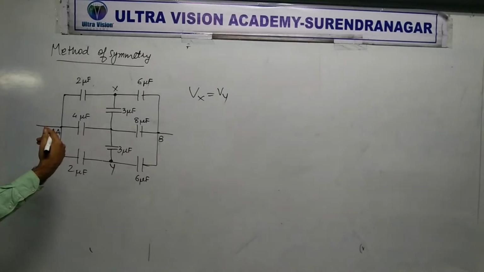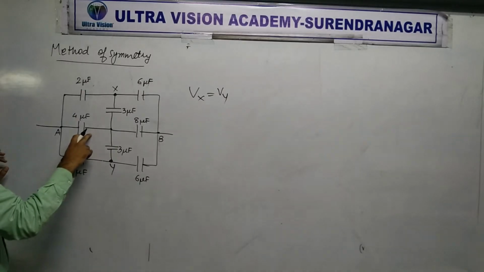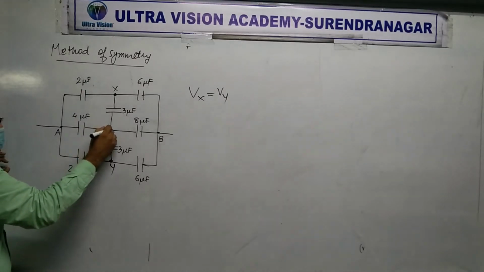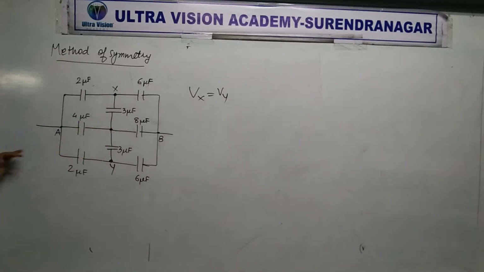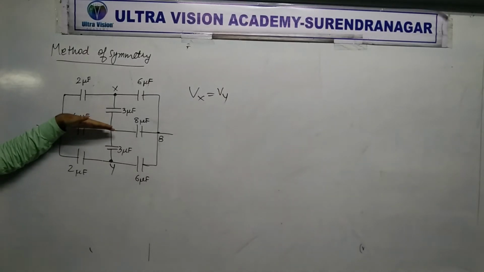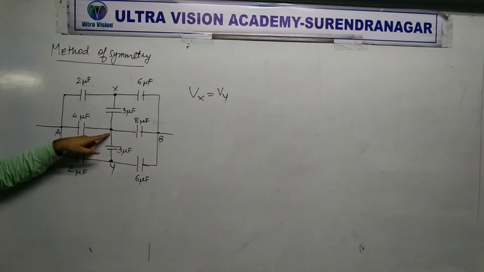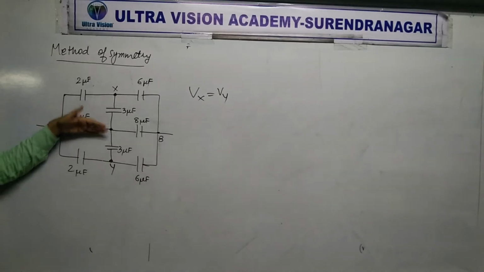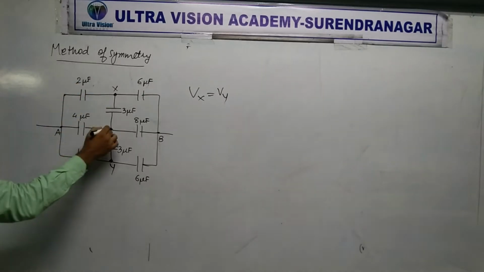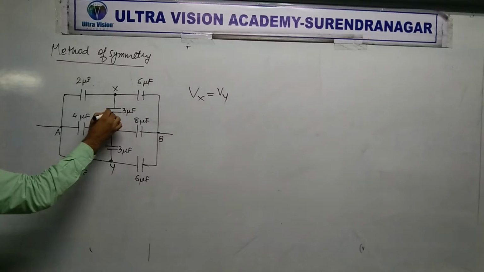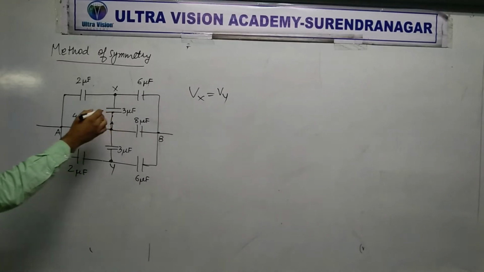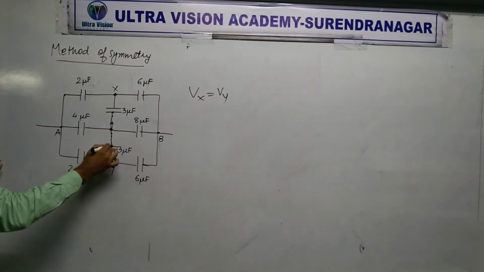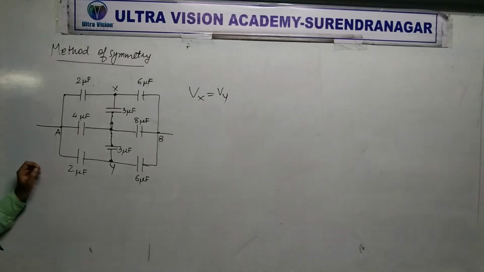Now, what that essentially means is that this point is of no consequence. Here at this point, if some charge flows, for example, to this point, the same amount of charge should flow here.